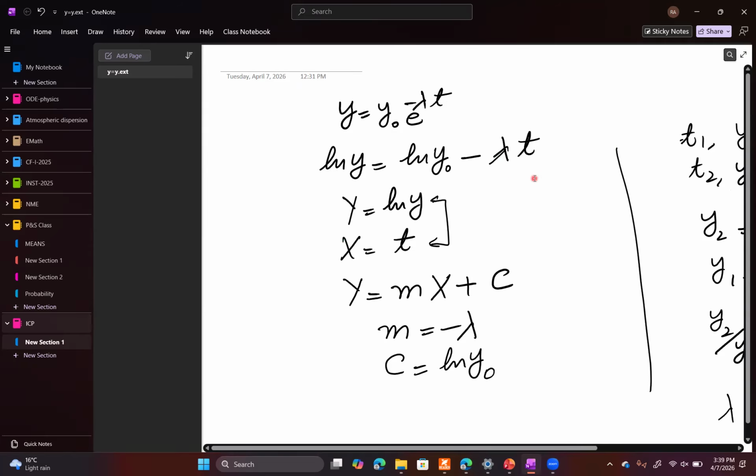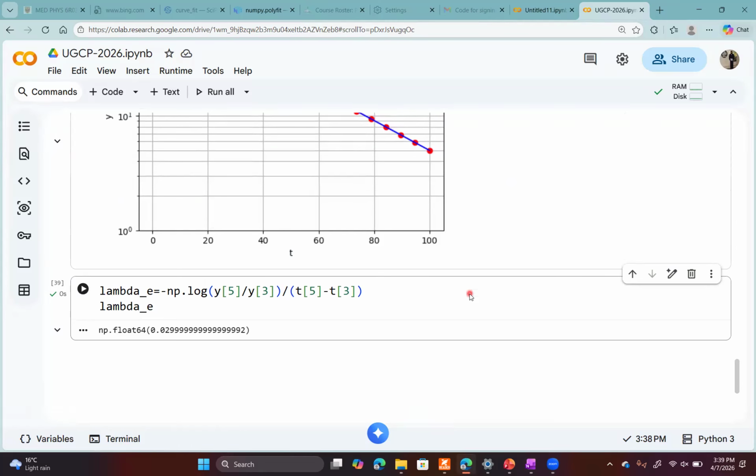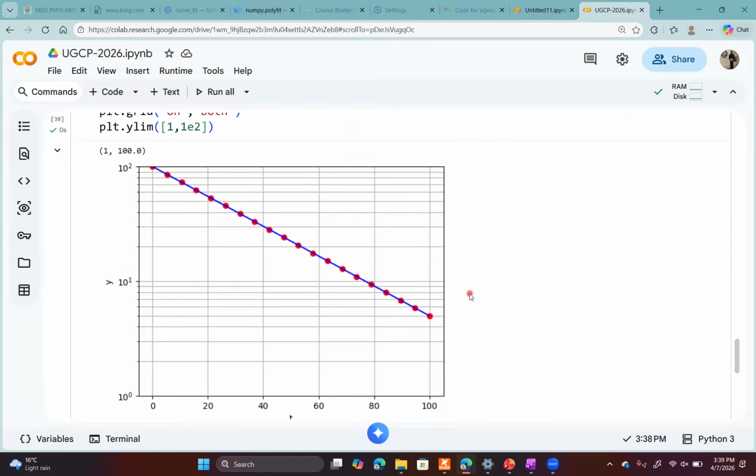So we cannot blindly apply for every straight line y2 minus y1 over x2 minus x1 as an expression for slope. This is a straight line, however, on a scale which is already scaled, in which the vertical axis is logarithmically scaled.